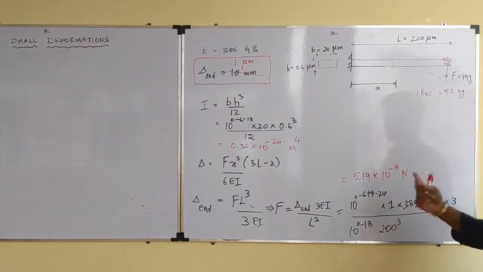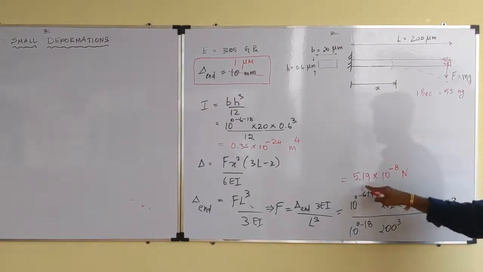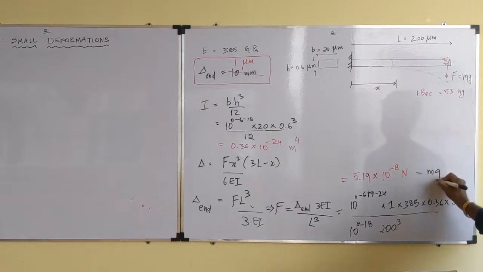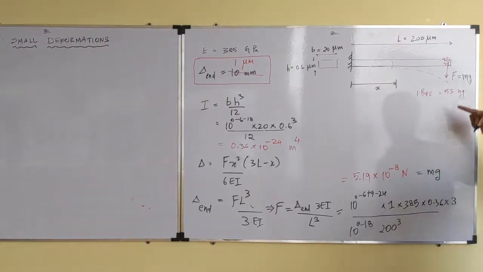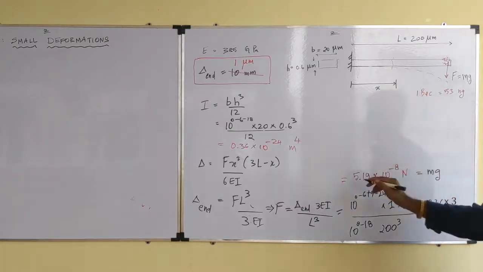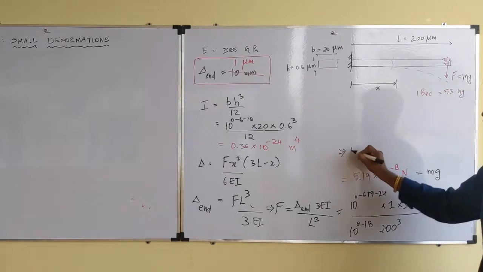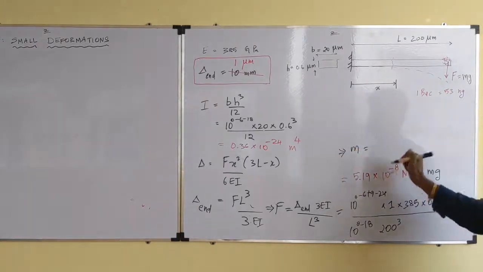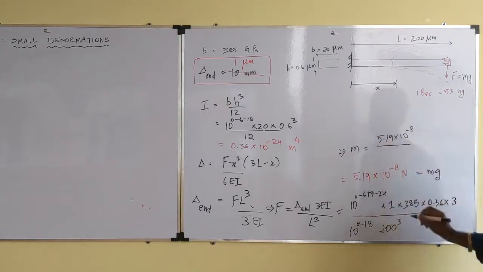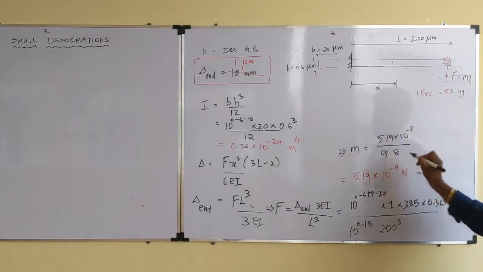So can we find the mass corresponding to that? The force is m times g. Using this, we can find what the mass of all the bacteria is. So mass is 5.19 times 10 power minus 8 divided by acceleration due to gravity, which is 9.8.